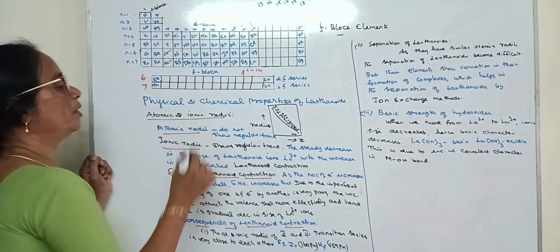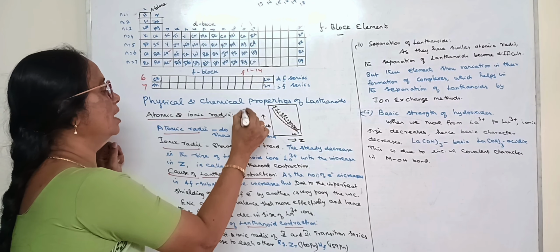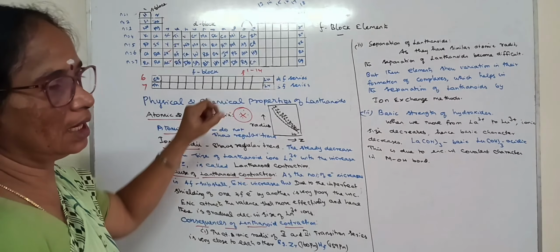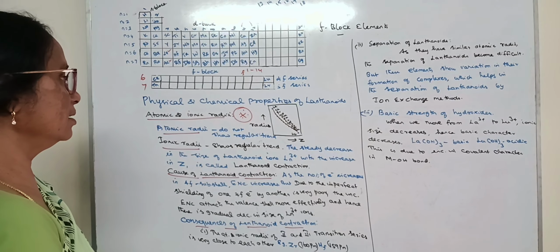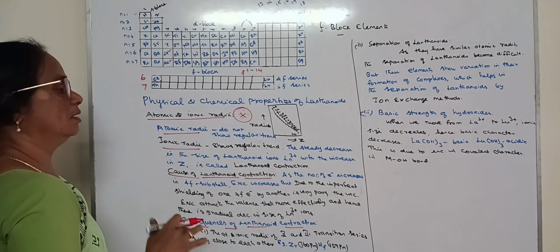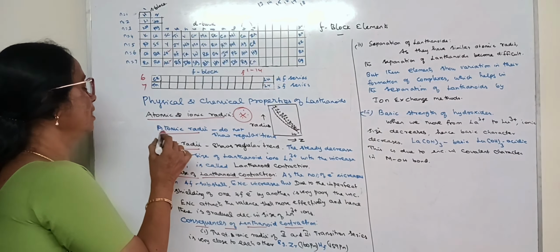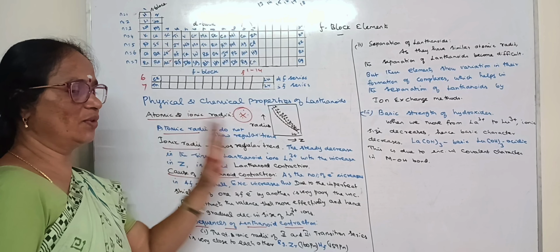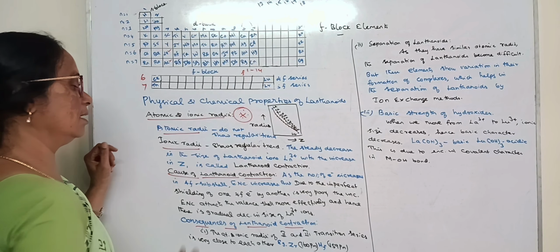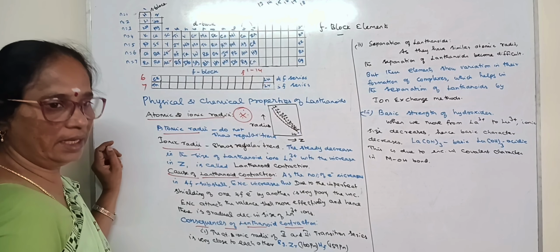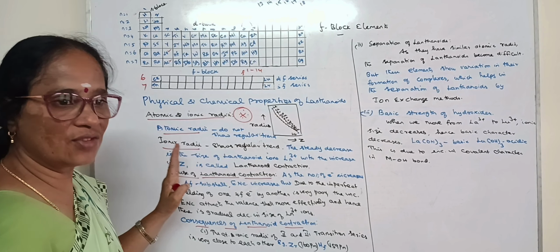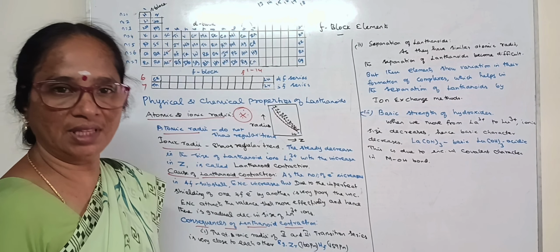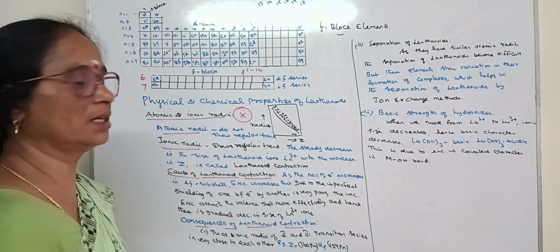The next property of lanthanides is atomic and ionic radii, the most important topic of lanthanides. Here they do not show a regular trend in their atomic radii. There is no gradual decrease or even increase. But when we discuss ionic radii, the size of the +3 ion steadily decreases with the increase in atomic number.